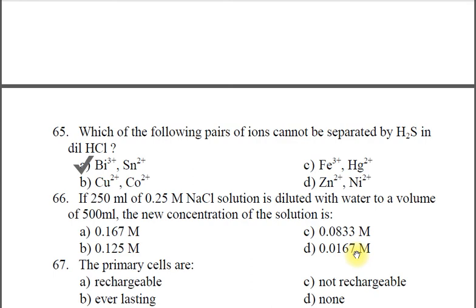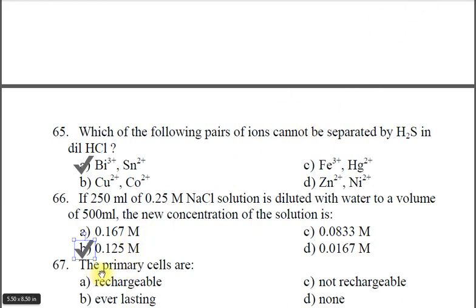I am telling you a hint that in this case you will apply the formula C1 V1 is equal to C2 V2. C1 is the concentration 0.25 molar, V1 is the volume 250 ml, V2 is 500 ml. You have to find C2, and upon calculating you find it to be option B, which is 0.125 molar.